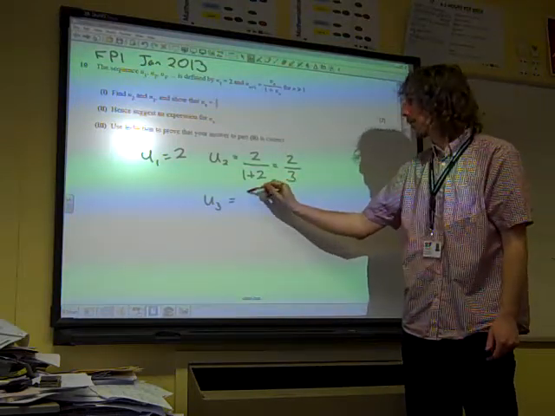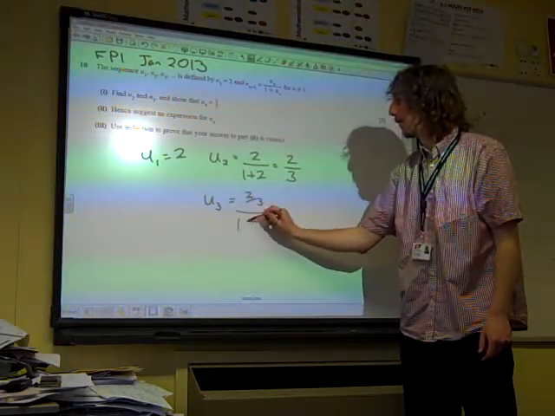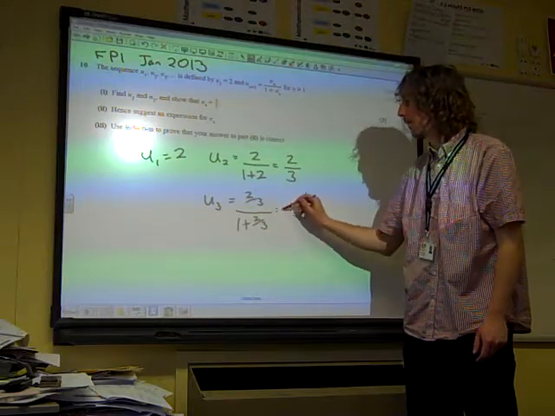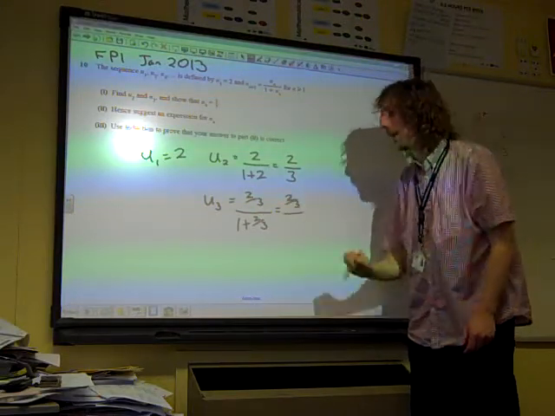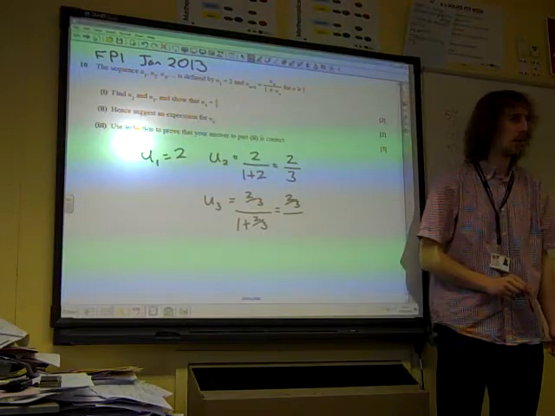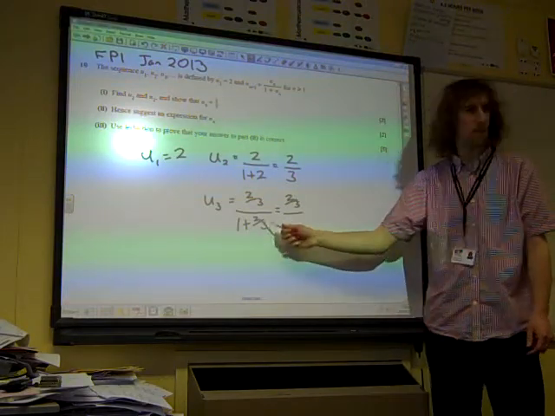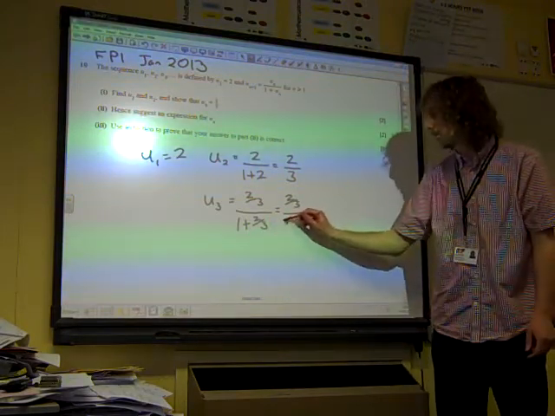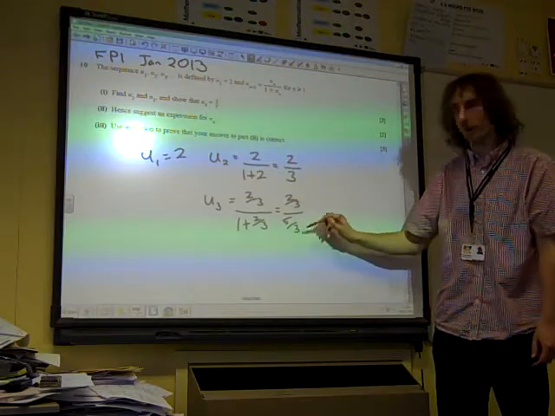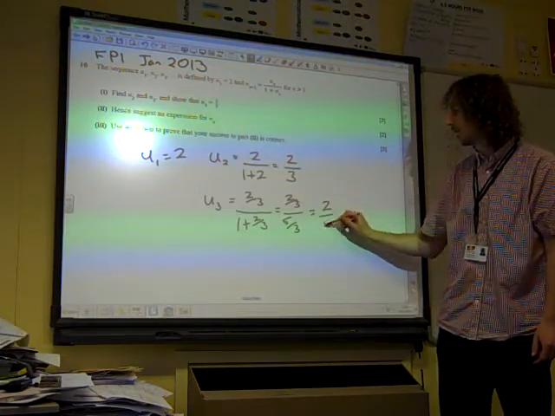So U3 is going to be 2/3 over 1 plus 2/3. If we turn them both into thirds, 2/3 plus another 1 will be 5/3, wouldn't it? And then we can cancel out the thirds to leave us with 2/5.